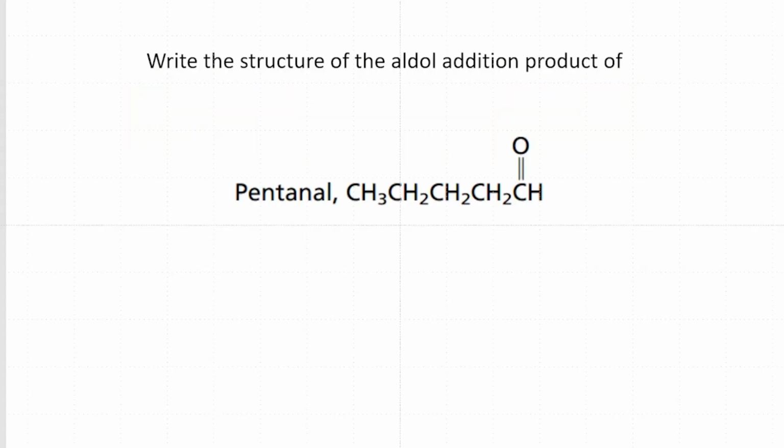Write the structure of the aldol addition product of pentanal. So in this question, we would assume that pentanal is exposed to some kind of a base, such as potassium hydroxide or sodium hydroxide or something like that. And then we need to figure out what the product of the aldol addition is.